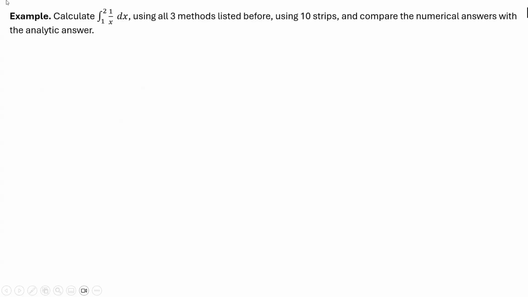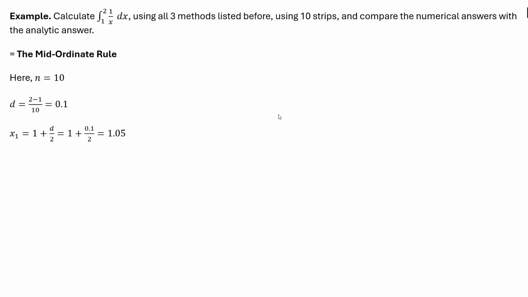So here we move on to our next example, which we will try with all our methods using 10 strips instead of 5, and we will compare all the results with the analytical value. We got approximately 3.725 in our previous example from the mid-ordinate rule. Now the number of strips goes higher and the width becomes lower, which is 0.1.